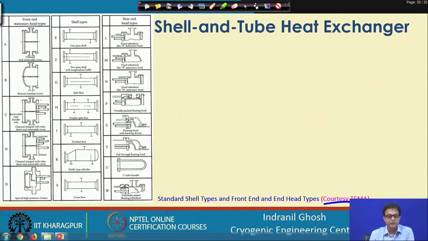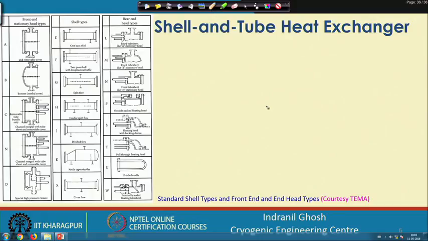So, while designing heat exchangers or solving for a particular type of exchanger, we have to look for this defined nomenclature suggested by TEMA.